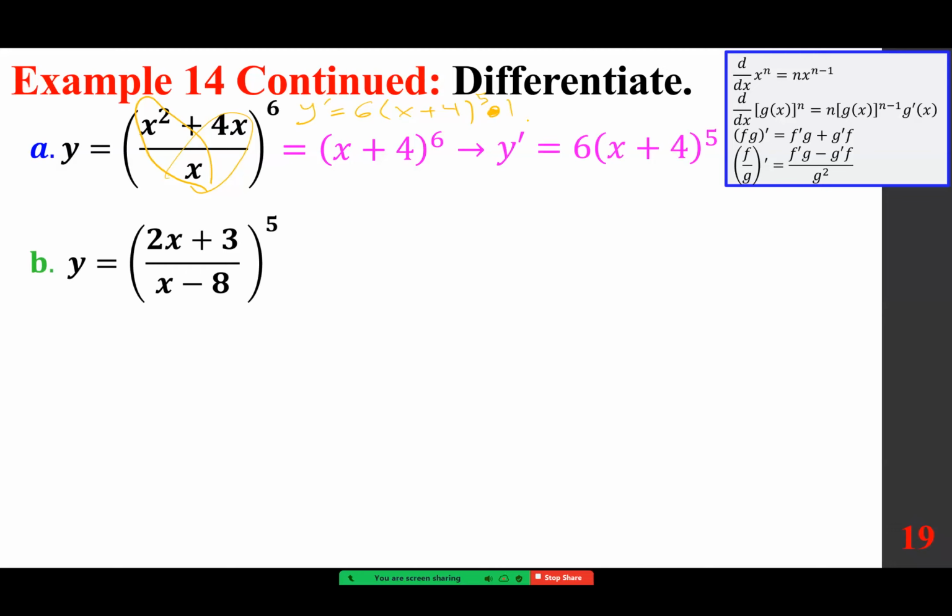As for this example, we are dealing with the combination of a chain rule and a quotient rule. So something to the power of 5, you start with the extended power rule. So you start with 5. Then you write the same thing to the power of 5 minus 1 or 4. And now g prime of x, the derivative of the inside. So I'm going to call this f over g.